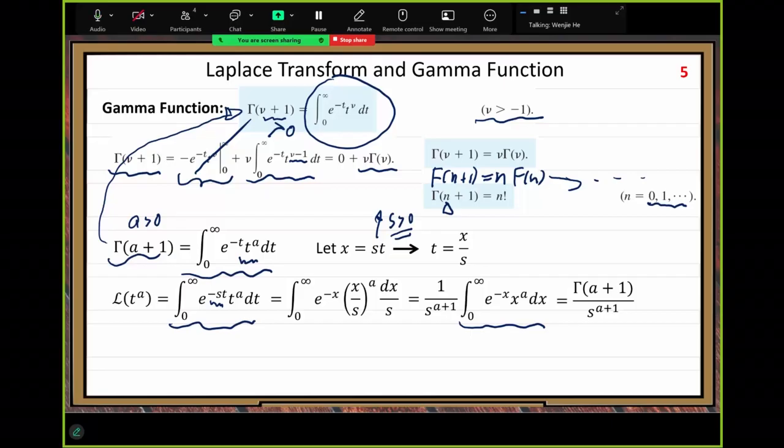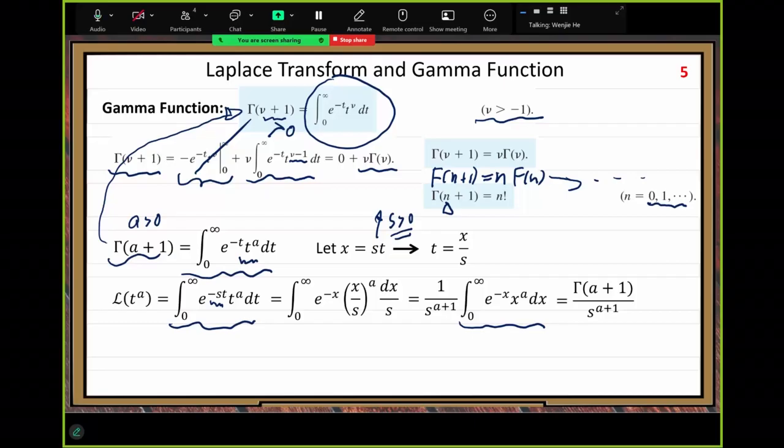For any gamma of a plus 1, with a a positive number, we can use a computer program to approximate the value of the gamma function. So we treat the value as there, and whenever we need it, we can calculate it.